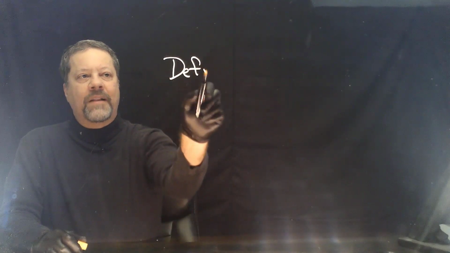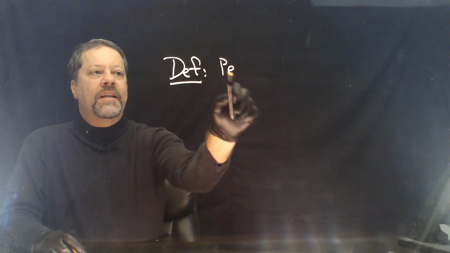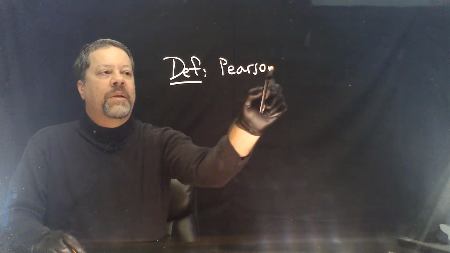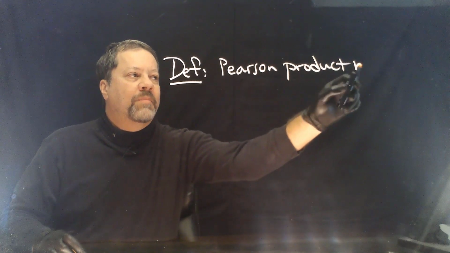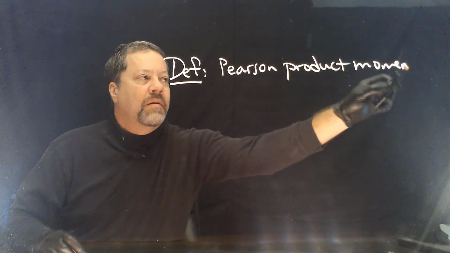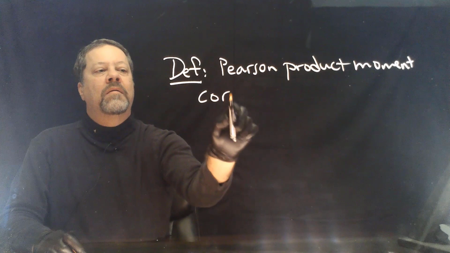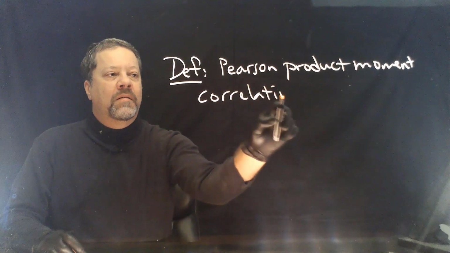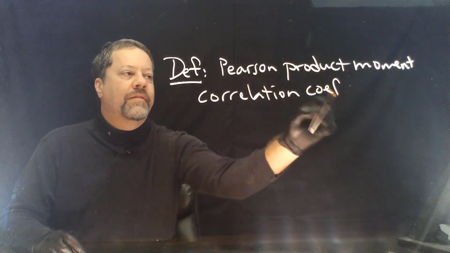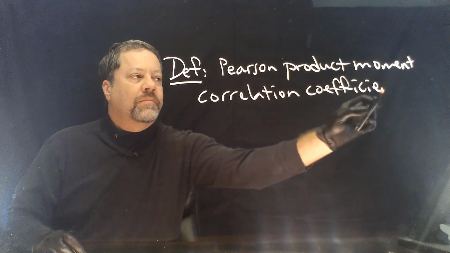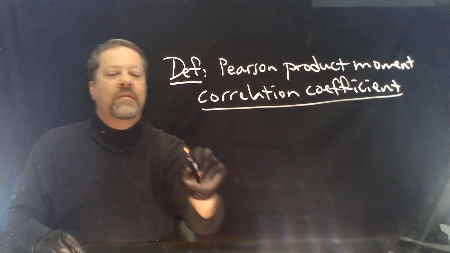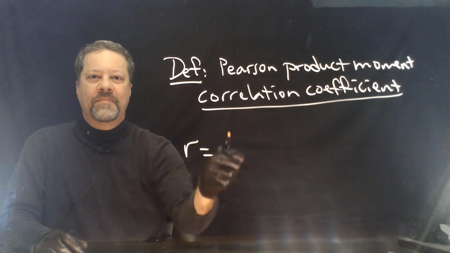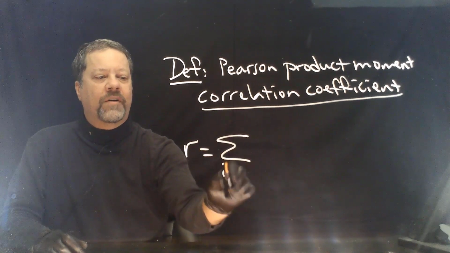We're going to make the following definition. This is the Pearson product moment correlation coefficient, and it's denoted by R. It's the sum over all of your data values.